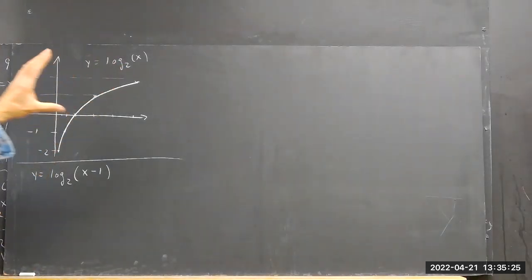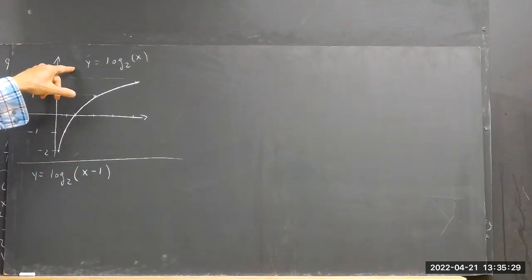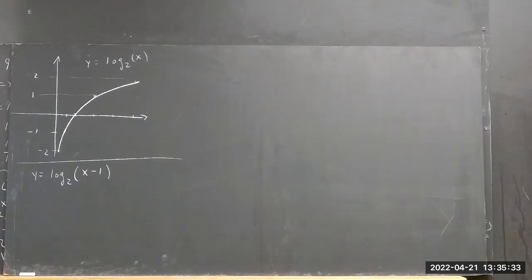Based on this graph, on the same set of coordinate axes, show me how this graph is obtained from this graph. And we're back to transformations. We have to understand transformations in order to do this assignment.